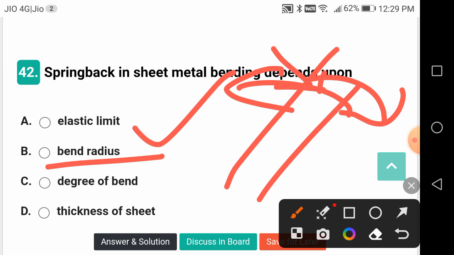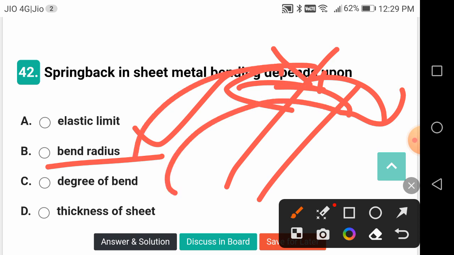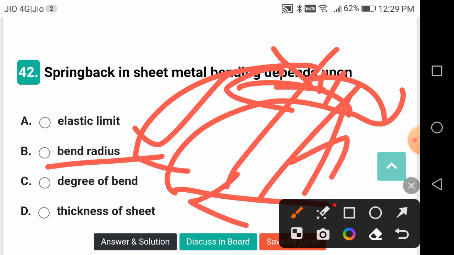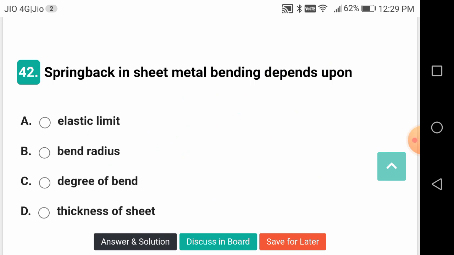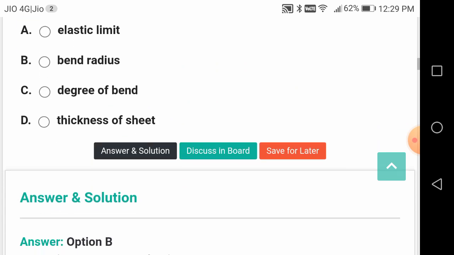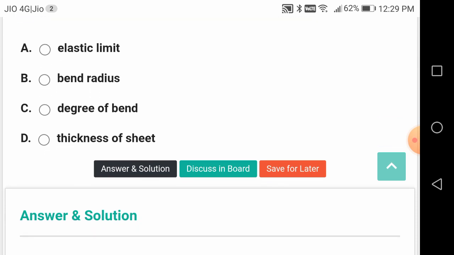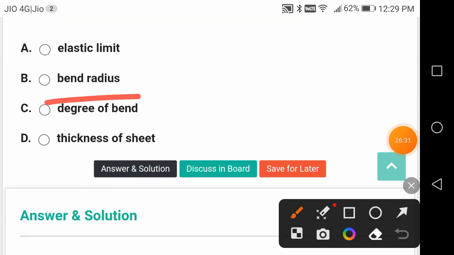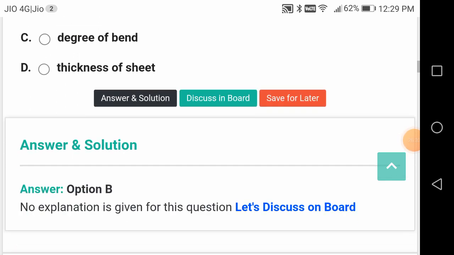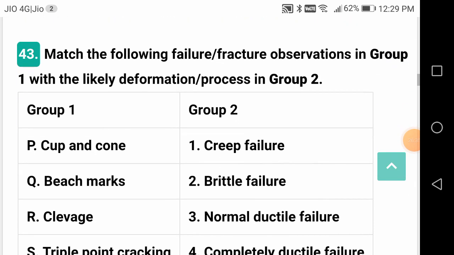So it is going to depend upon the bend radius, how much radius you are going to bend the particular metal. Neither the elastic limit, nor degree of bend, nor thickness of sheet. Bend radius is going to be very, very important for the spring back. How much it is going to come back? It will try to restore its radius. That's called spring back.